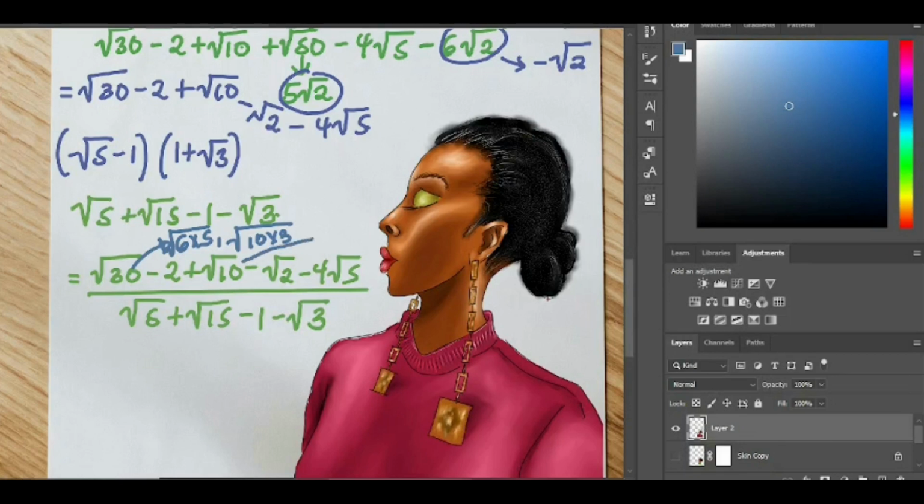Even this 10 is the same as the square root of 5 times 2, which I can't get the root of any. Both of them are surds. Down here, this is the same as the root of 5 times 3. Both of them are also surds. So in this particular case, I can't remove any of those numbers from inside the square root sign. So I'll leave it as it is.